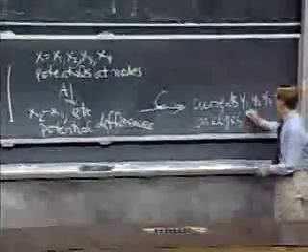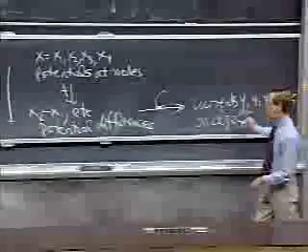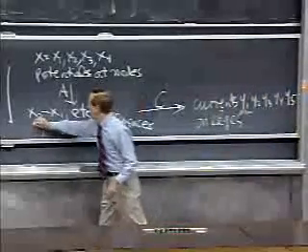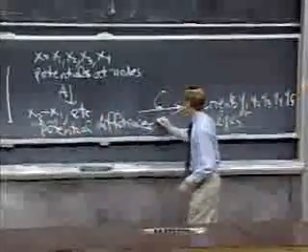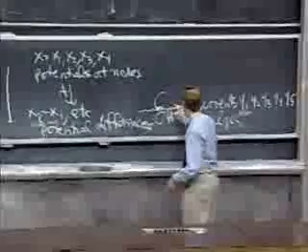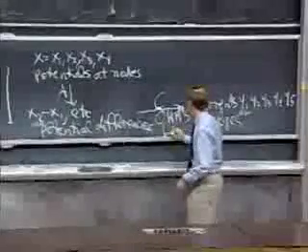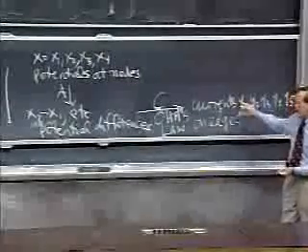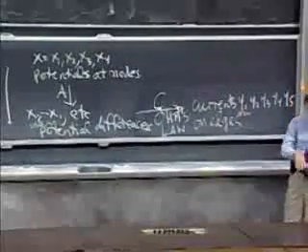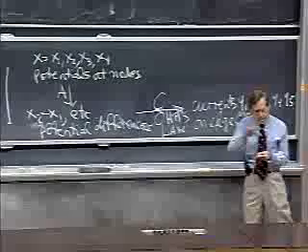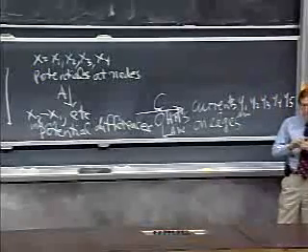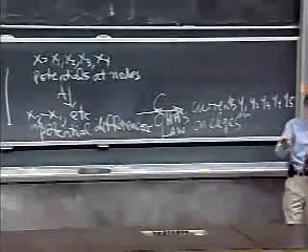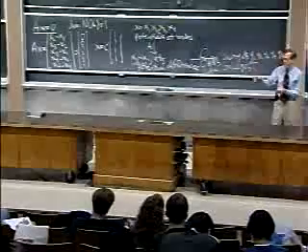And this relation between current and potential difference is Ohm's law. Ohm's law says that the current on an edge is some number times the potential drop, and that number is the conductance of the edge, 1 over the resistance.